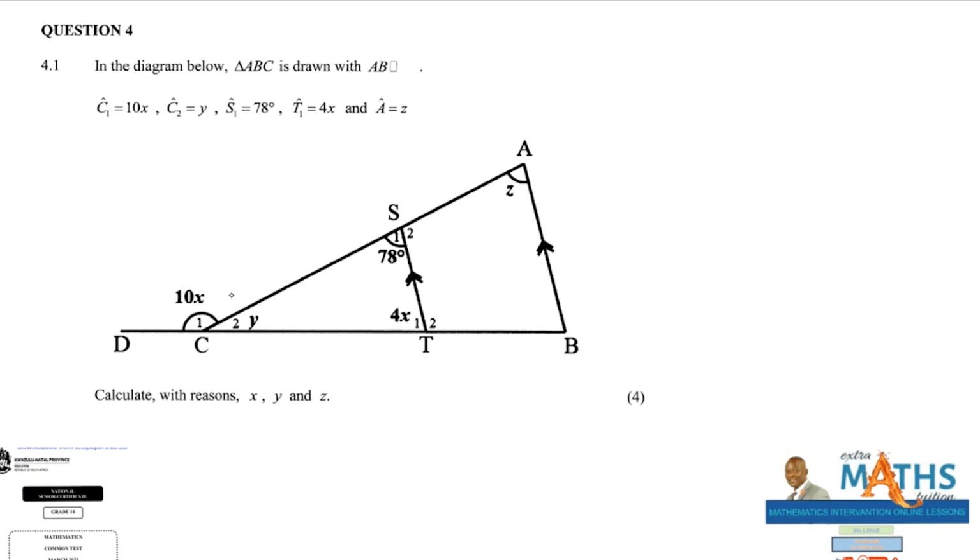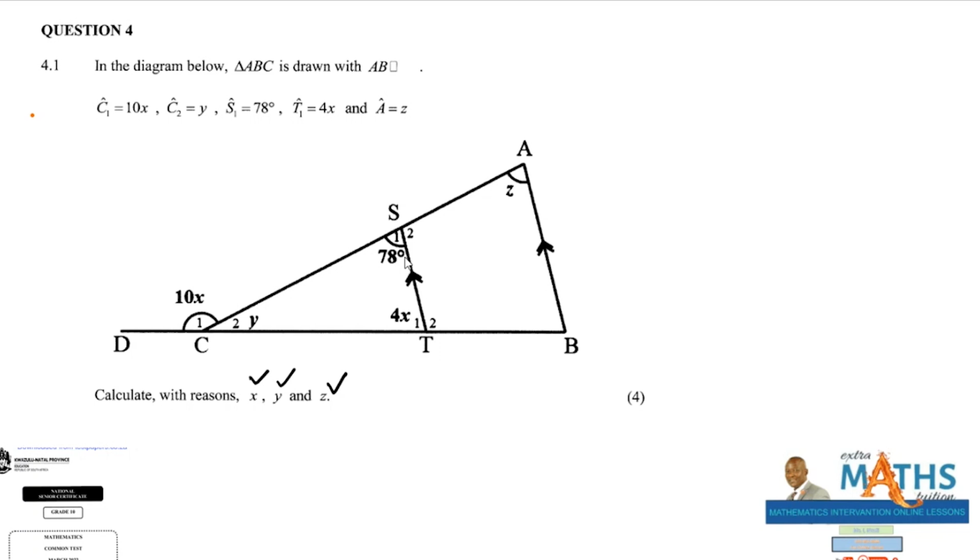Calculate with reasons the value of x, y, and z. Okay, I hope you will attest with me that we work with the given statement and try to trace the parallel lines so that we can see how we can go about finding our answer.